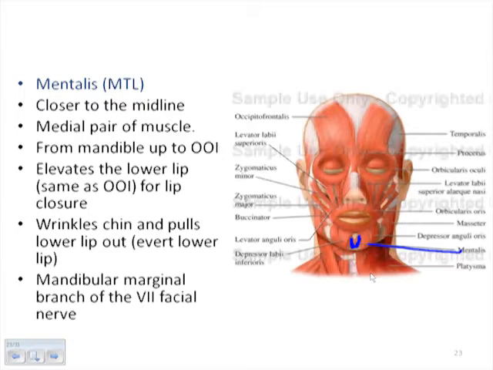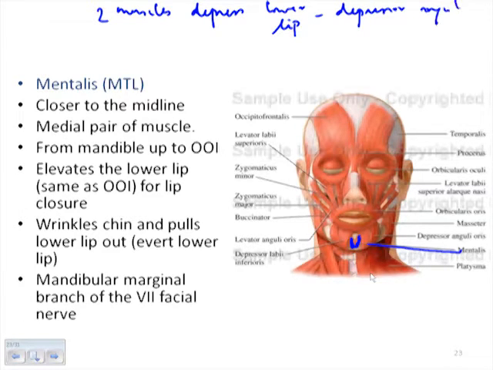Think about this. We talked about three muscles so far inserting into the lower lip. Two muscles depress the lower lip, and they are the depressor anguli oris and the depressor labii inferioris.